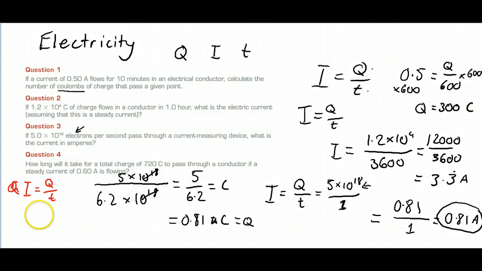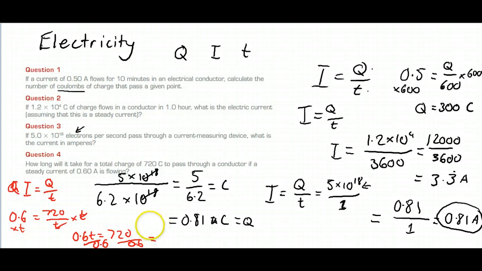This time we're given the current, 0.6 amps, the charge is 720, and we want to know T. So to find T, we're just going to isolate T, get it over the other side. 0.6 T equals 720, and then divide both sides by 0.6.